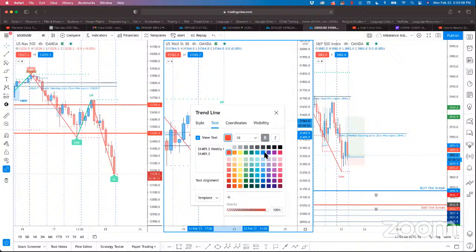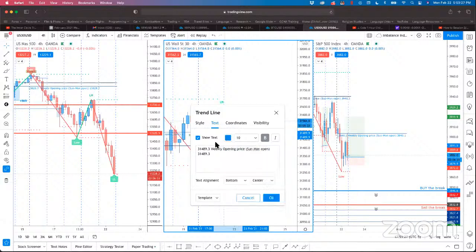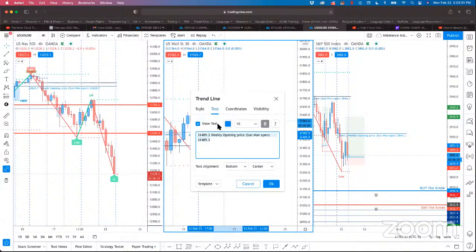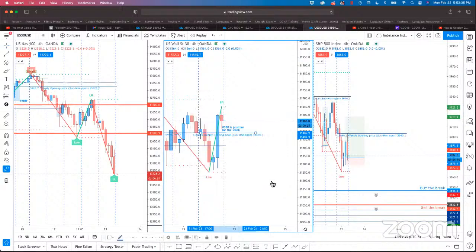I'm not OCD, but I like to have certain things accounted for. So if the price opened up bullish and then it sold off, I like to note that with the color coordination. That's just how I am, right?